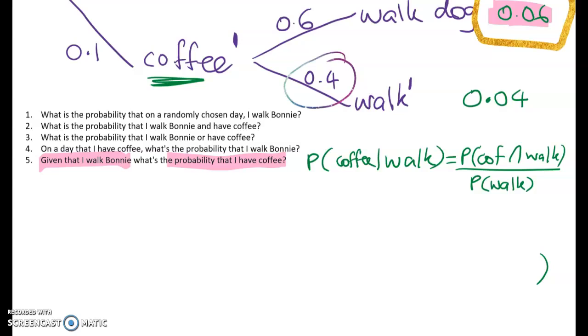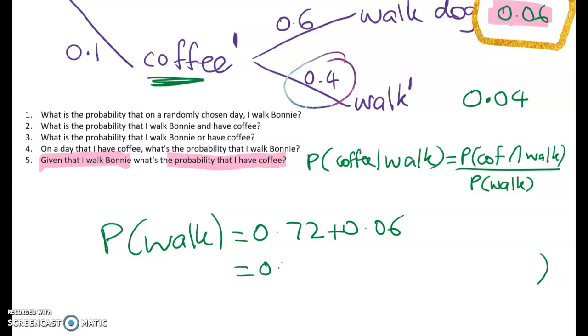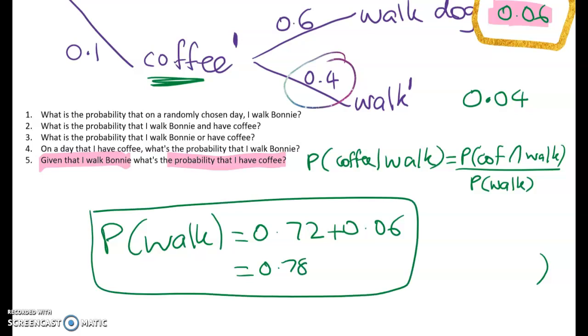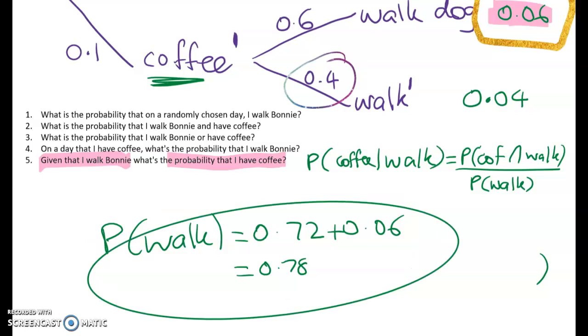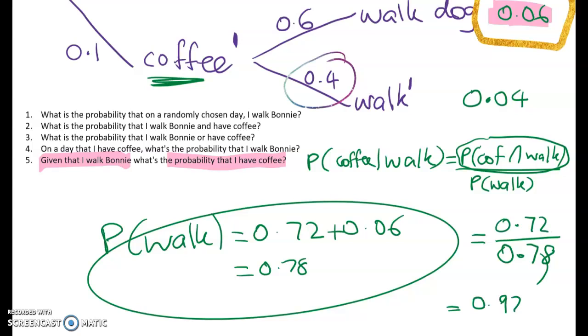So the probability that I walk her is equal to 0.72 plus 0.06, which is 0.78. Okay, so that's going to be my denominator. And up here, the probability that I have coffee and walk her is 0.72. So that gives me 0.923 for my final answer.